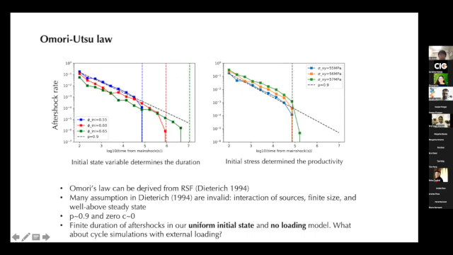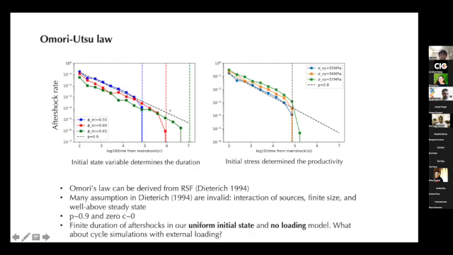But I think this assumption is not essential, and Omori's law is a very, very robust property for a fault population obeying rate and state friction against some stress perturbation like a mainshock rupture. The last point is important, I think.